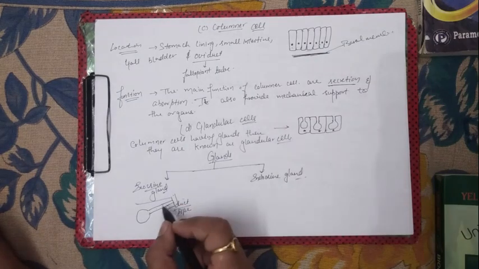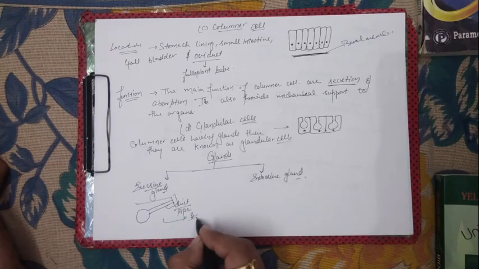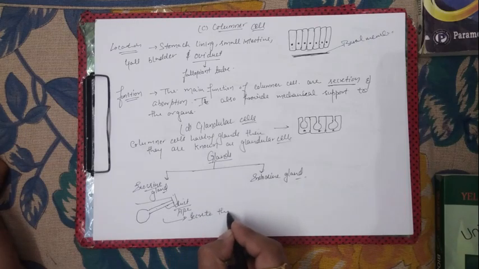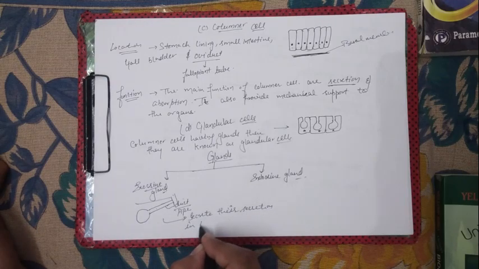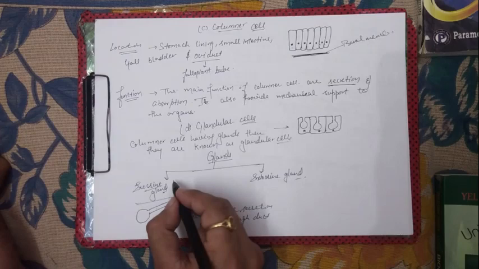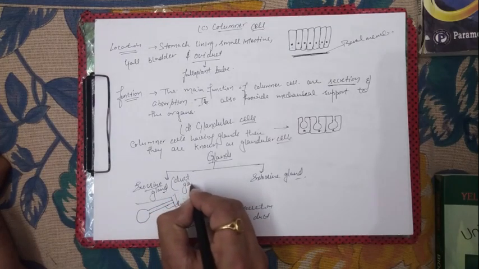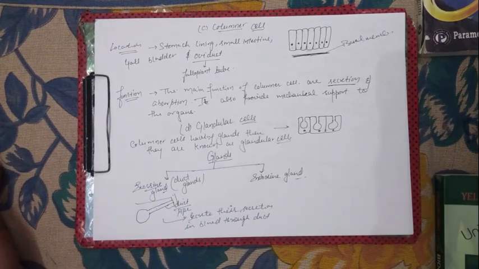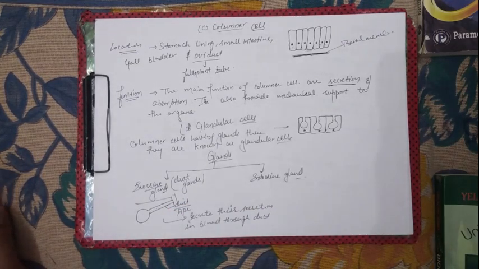They secrete their secretion through a duct. So exocrine glands are also known as duct glands.